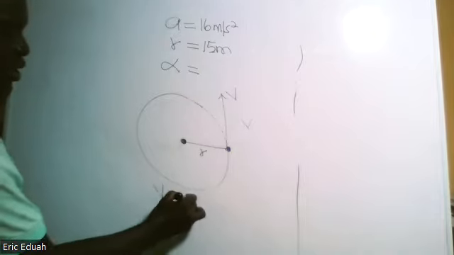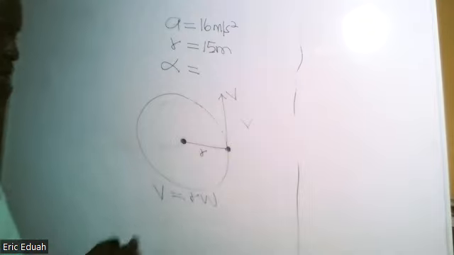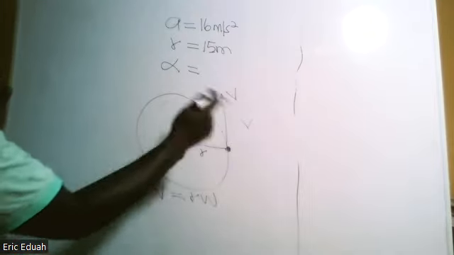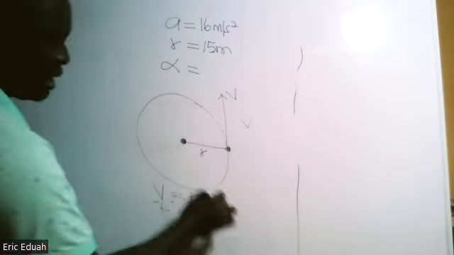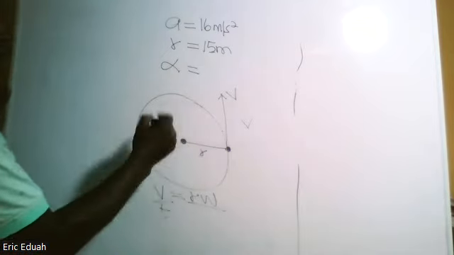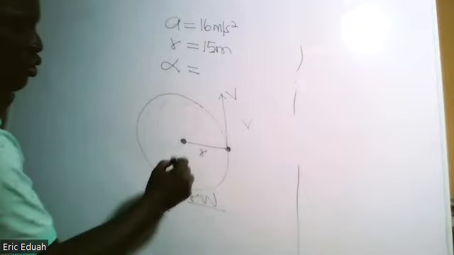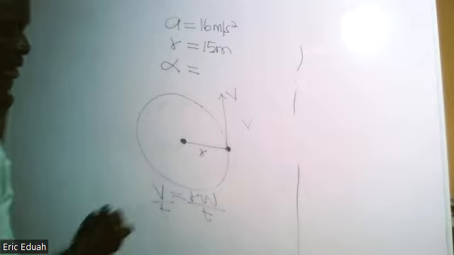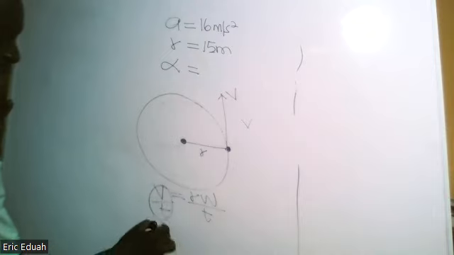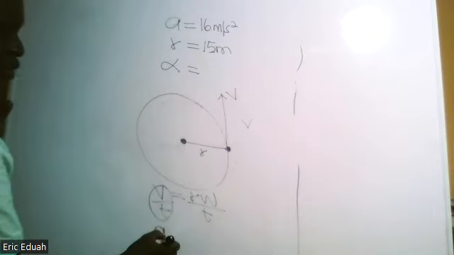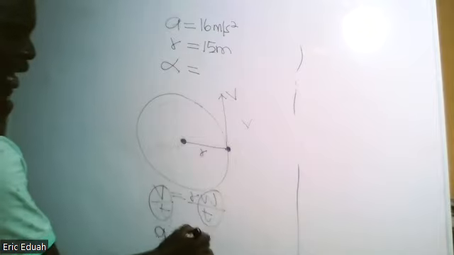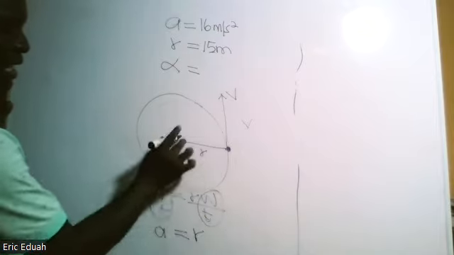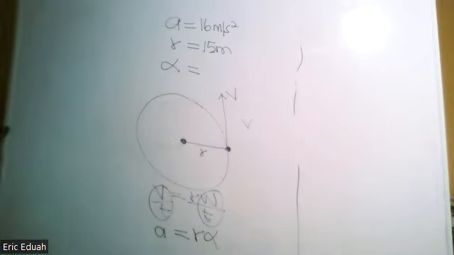If v is equal to r omega, when the velocity is changing within the circumference, delta v divided by t, then the angular velocity will also be changing at the center, delta omega divided by t. This is giving us linear acceleration within the circumference, and this is also giving us angular acceleration at the center, alpha.